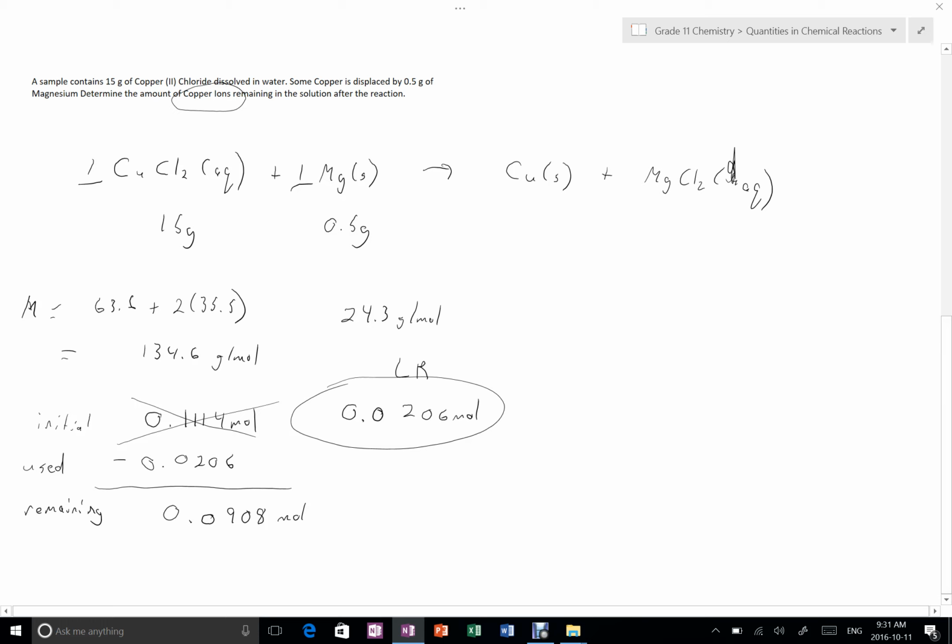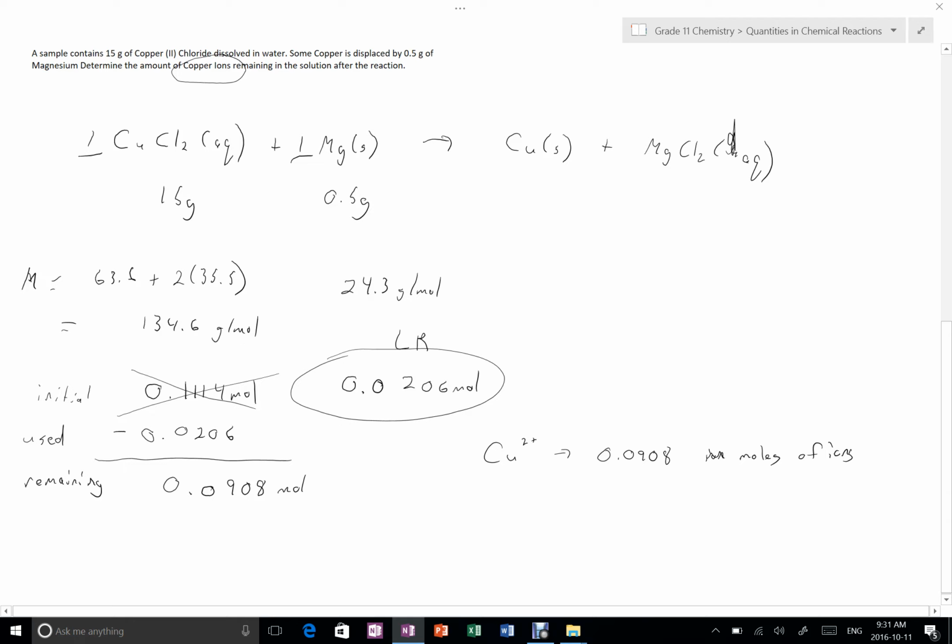The question's a little unclear here. It says the amount of copper ions. So I guess I could say Cu2+ has 0.0908 moles of ions.